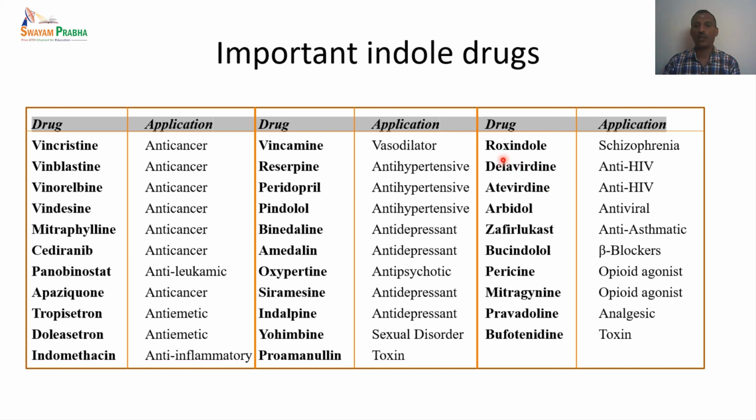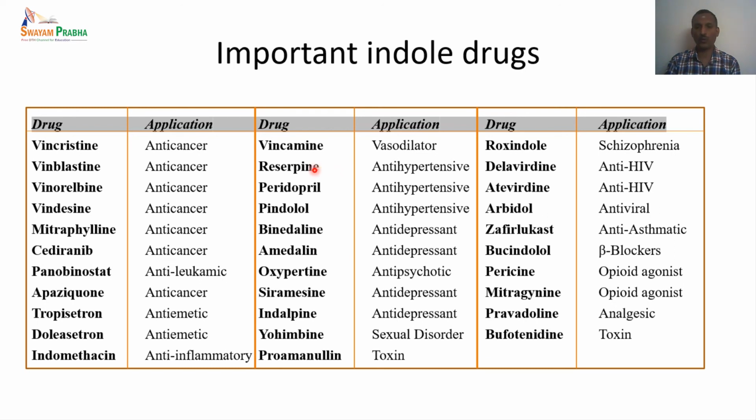We have roxindole, which is used for schizophrenia, arbidol, used for antiviral activity, and pindolol, used as an anti-hypertensive agent. Yohimbine is used for sexual disorder. Bufotenine is basically a toxin. Pravadoline is used as an analgesic. Pericine is an opioid agonist. So there are various drugs which have the indole moiety.